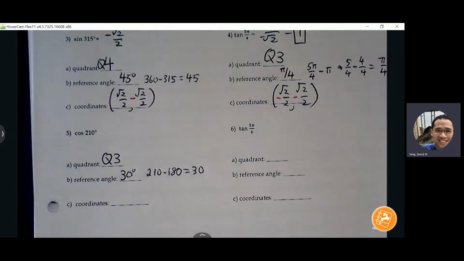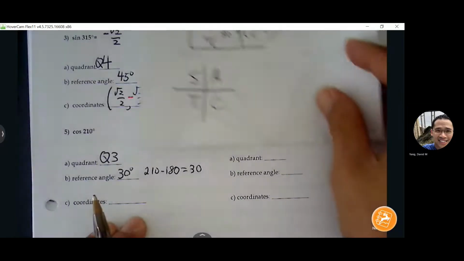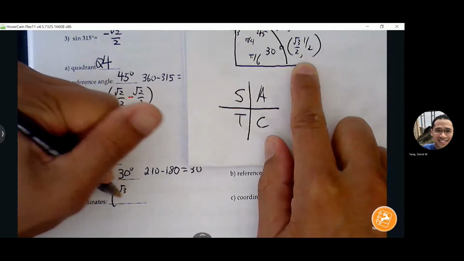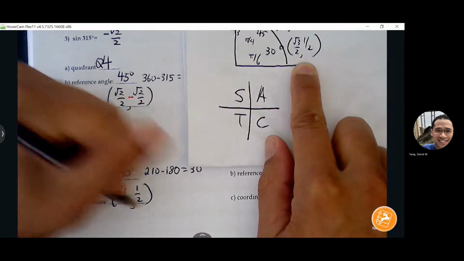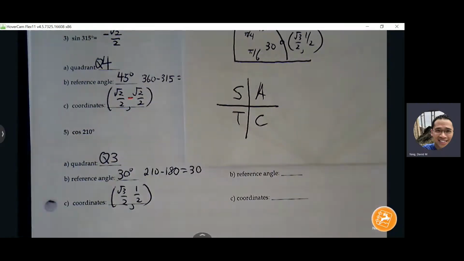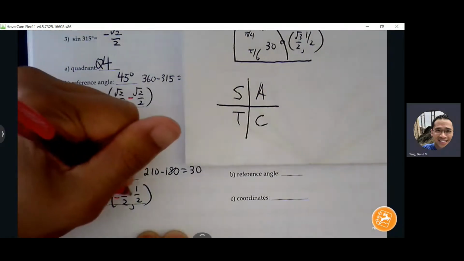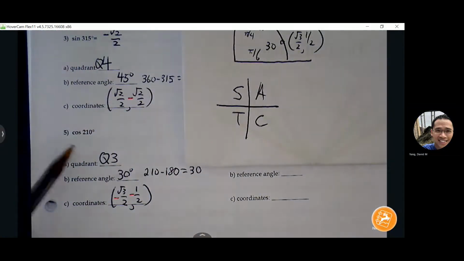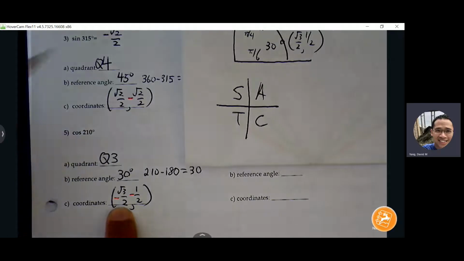Let's find the order pair for 30 degrees. Third quadrant, what are my signs? Negative, negative. Cosine is the x value.